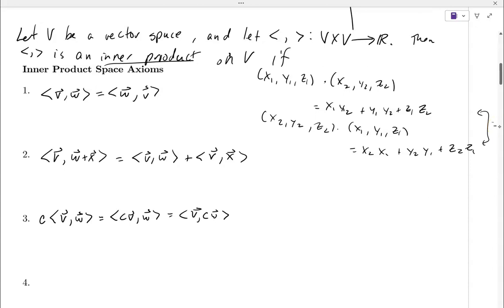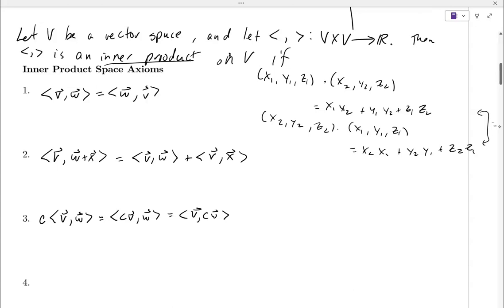So again, if you think about how your usual dot product works in Euclidean spaces, these properties aren't huge surprises. They are things that we would like to have, or things that we should have, right? At least I hope it's not a huge surprise.